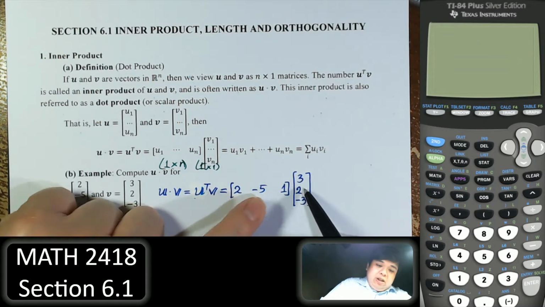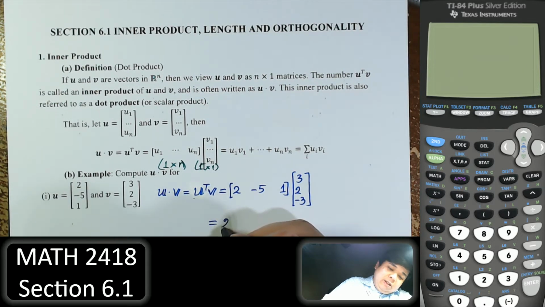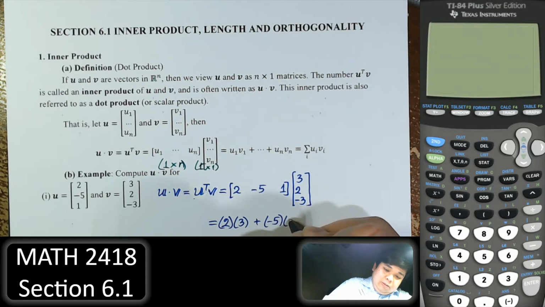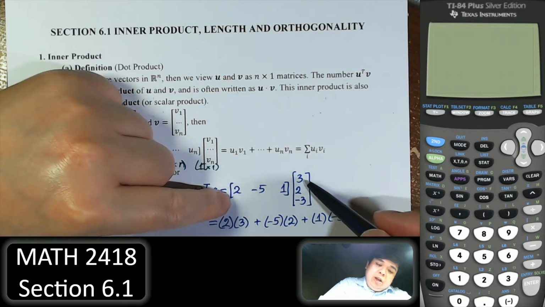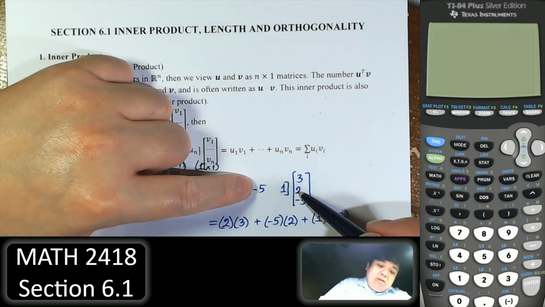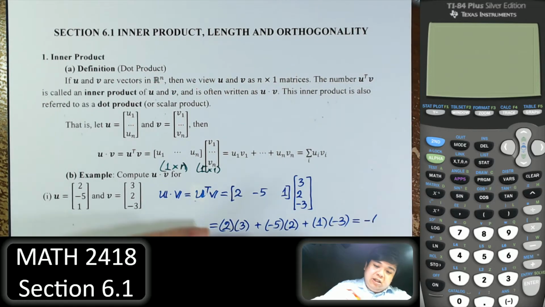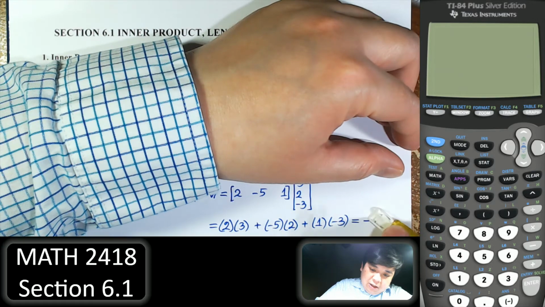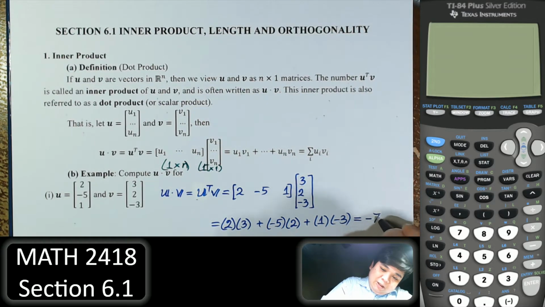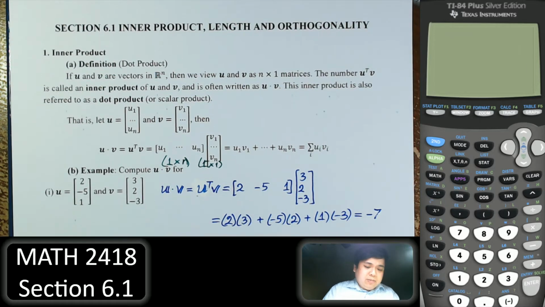First with the first, second with the second, third with the third. Right, 2 times 3 plus -5 times 2 plus 1 times -3. And so we have 6 minus 10 minus 3, so -4 minus 3, which is -7. Right, so simple enough.